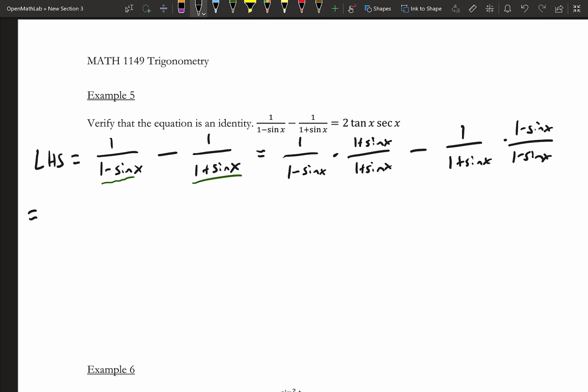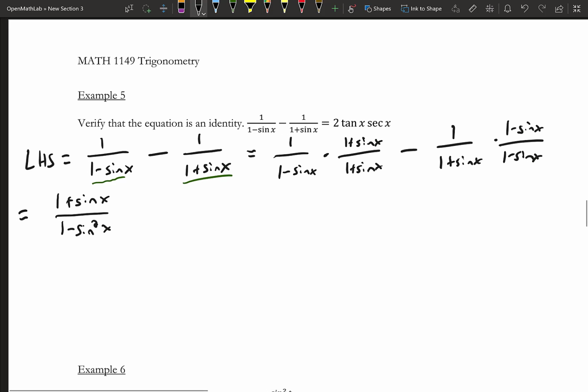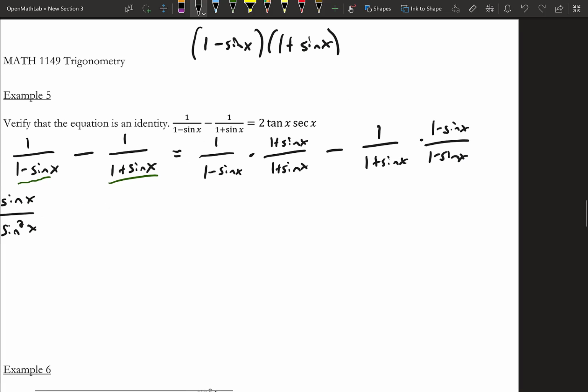So this would be equal to 1 plus sine x all over 1 minus sine squared x, right? You have to FOIL this. So 1 minus sine x times 1 plus sine x. That's a difference of squares.